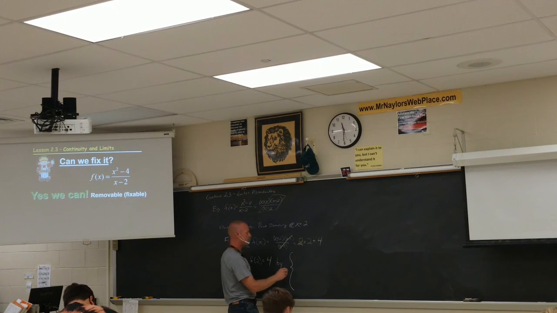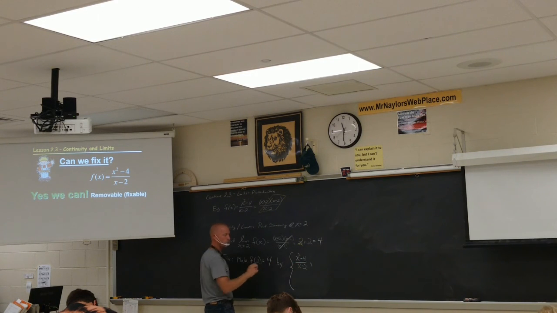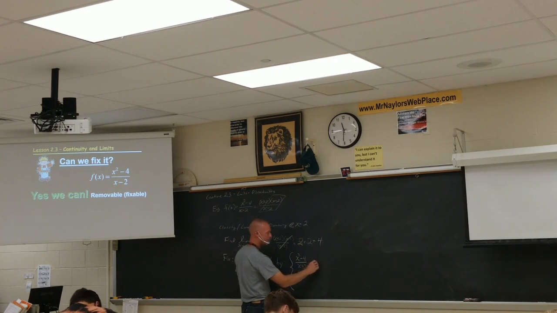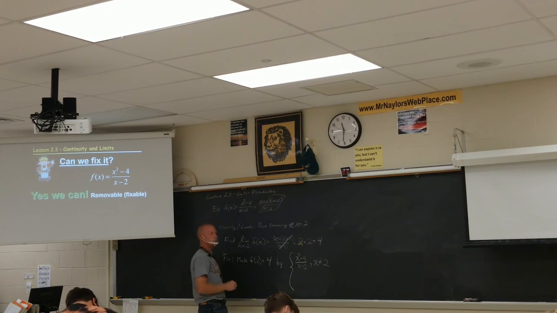What I'm going to write is called an extended continuous function. The extended continuous function is ultimately equal to my original function. My original function is okay everywhere that x does not equal 2. So I don't want to throw out that function.